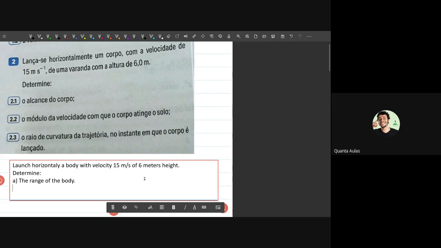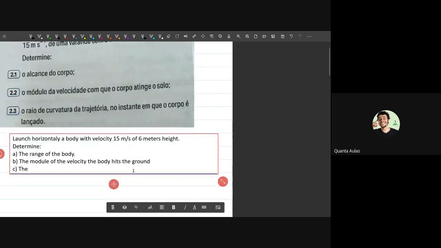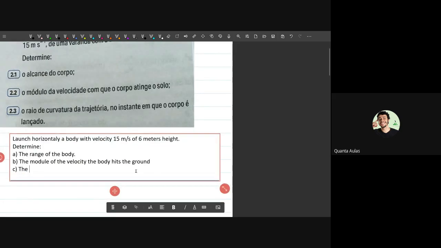B, the absolute value of the velocity when the body hits the ground. And C, oh my god, I don't know if I know how to do this last one.